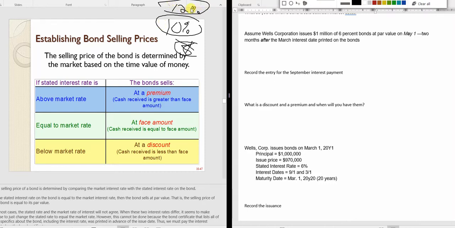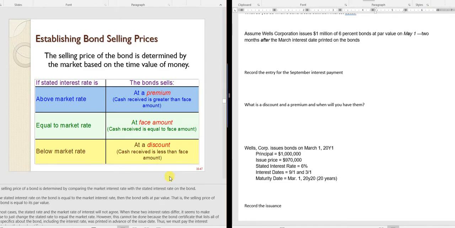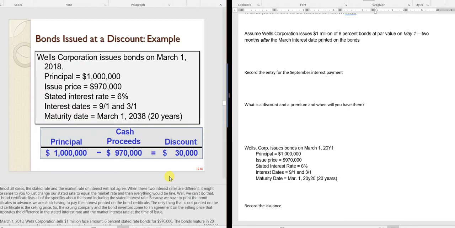Remember, that's the cash it's going to pay off of the face. It's not what you sell it for. So it's going to go up until that cash payment is effectively 12%. So make sure you know that, and that explains why on the news you hear when interest rates rise, bond prices fall.